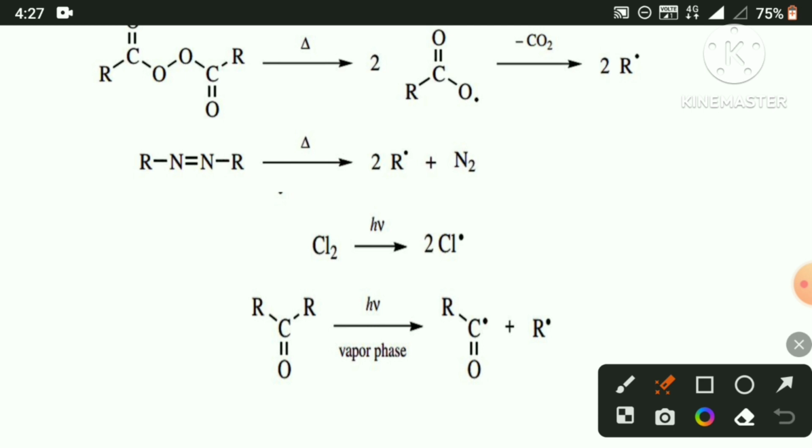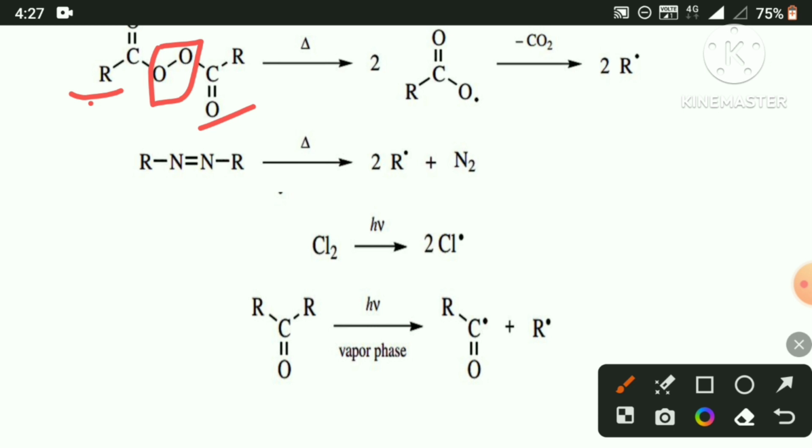The first reaction is diacyl peroxide. This is diacyl peroxide and this is the peroxide linkage. If you take hydrogen peroxide, it is H2O2. In the place of hydrogen, there are two acyl groups, so it is called a diacyl peroxide.